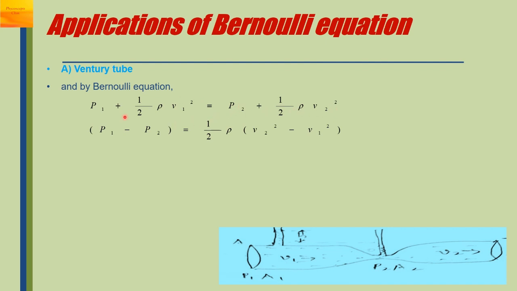We can take P2 to the other side, so that would be P1 minus P2, and this term we can take to the RHS, so that will be minus half rho V1 square. By taking half rho common, we can write this as half rho into V2 square minus V1 square.